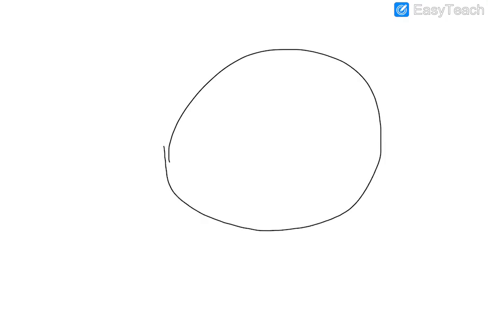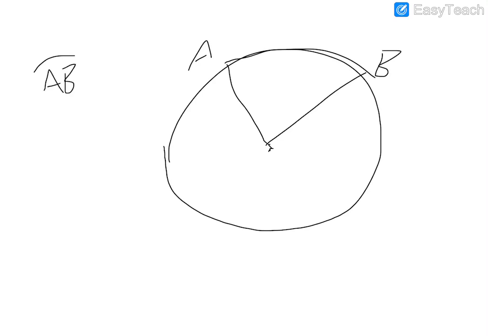Next, if you have a circle and you have a sector here, the length of this arc, let's call this AB, is equal to the radius times the angle theta, where theta is in radians.